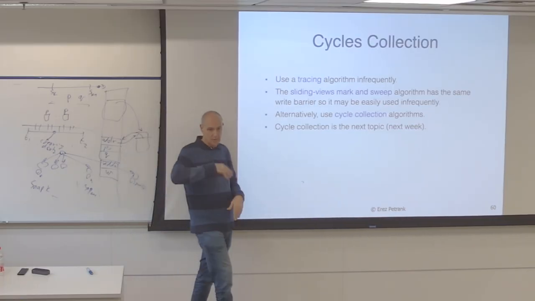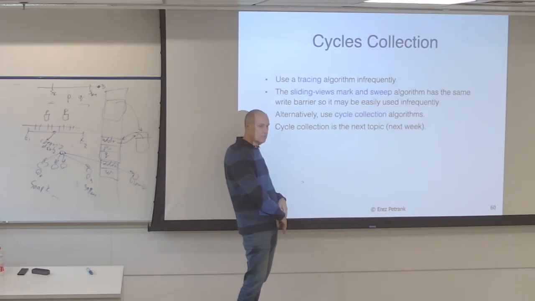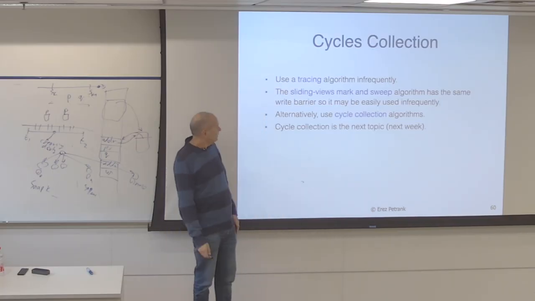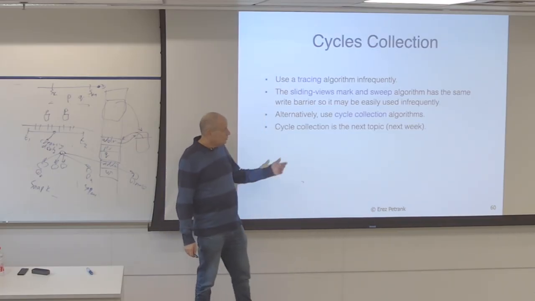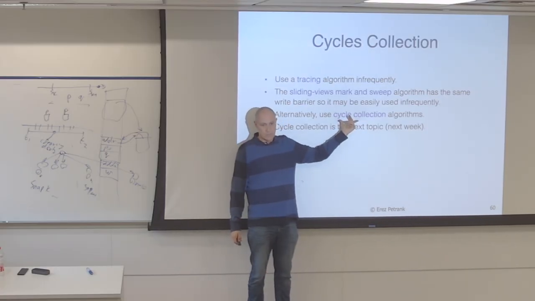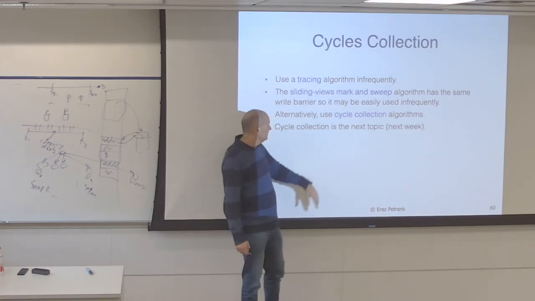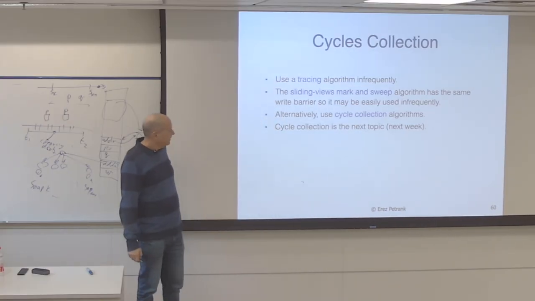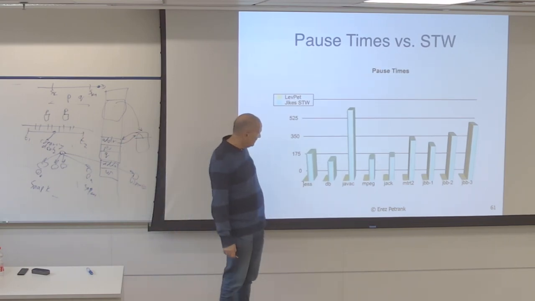So they could just once in a while run reference counting, once in a while run mark sweep. You could work with them together. You could alternatively use a cycle collection that we'll talk about next week. But Yossi used the mark sweep that we talked about last lecture.